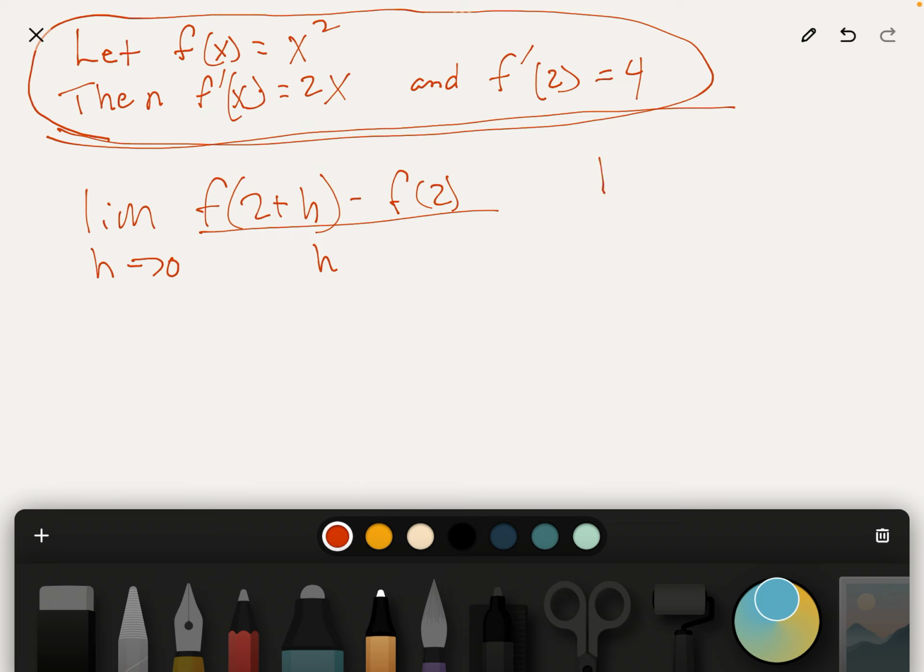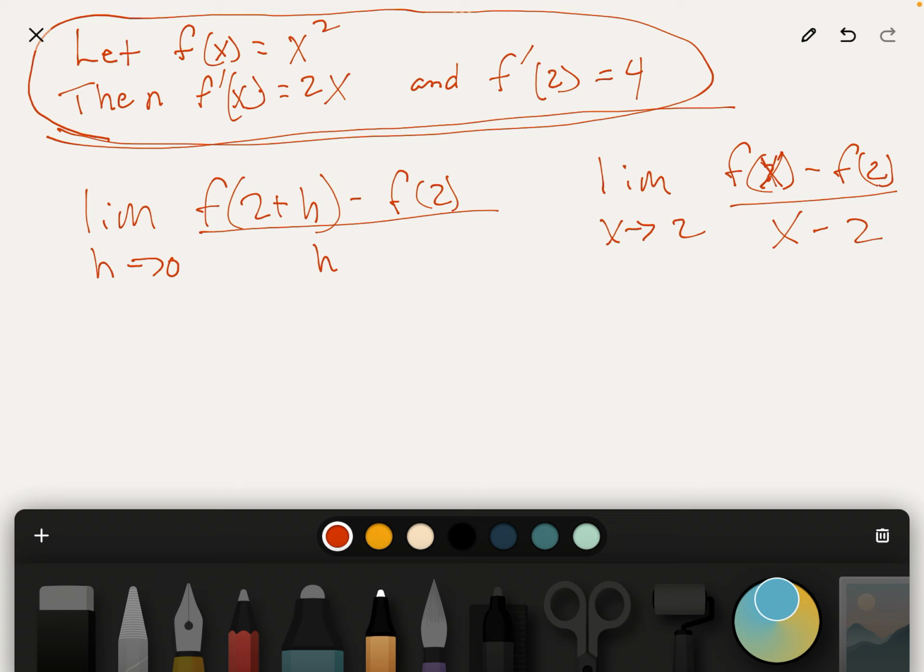And then there's another expression, the limit as x approaches 2 of f of x minus f of 2 all over x minus 2.